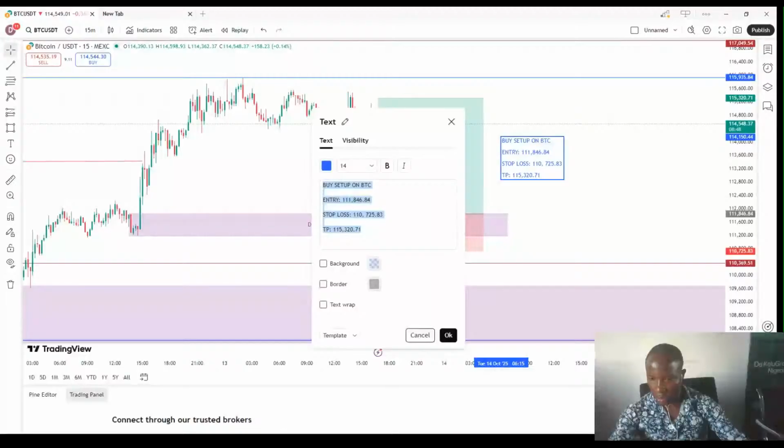The entry was not that coordinated, so let me remove it and paste it again. Control V.